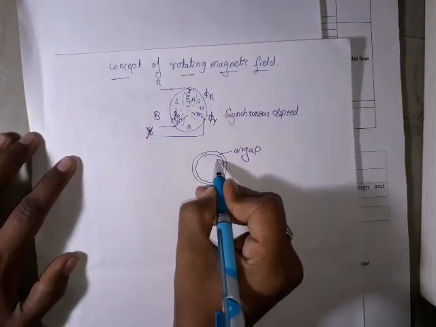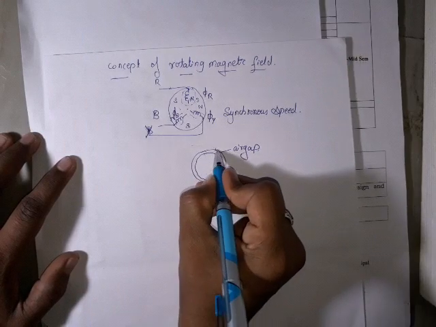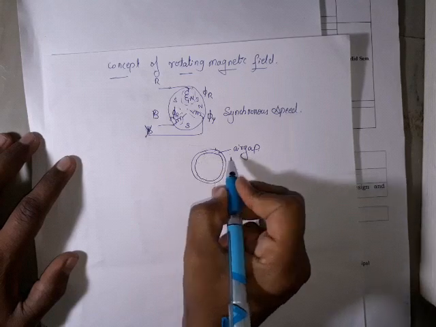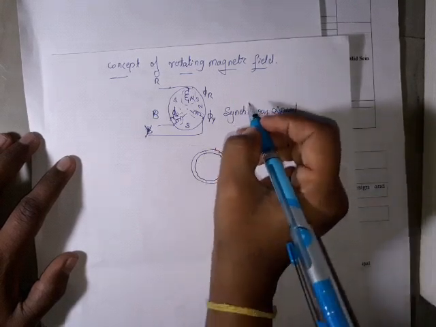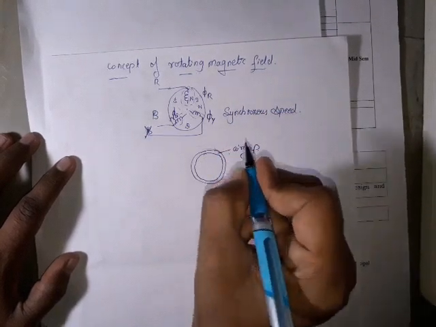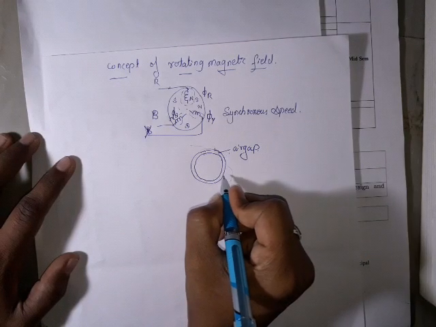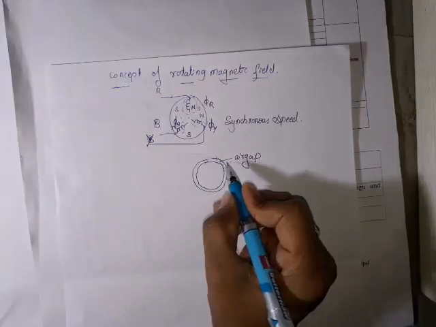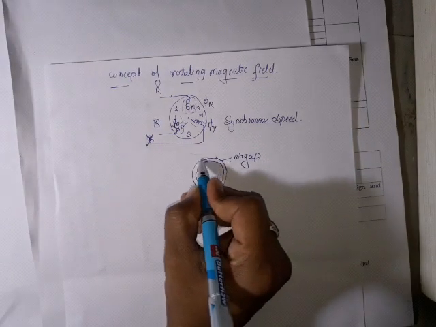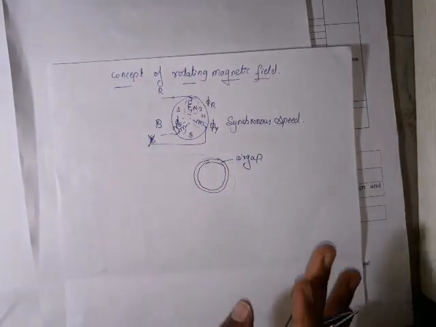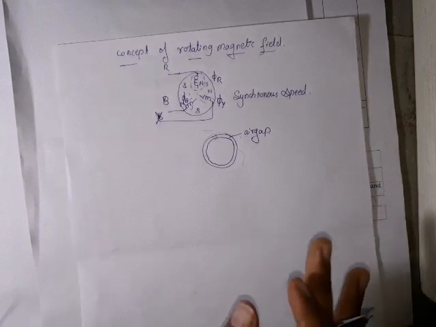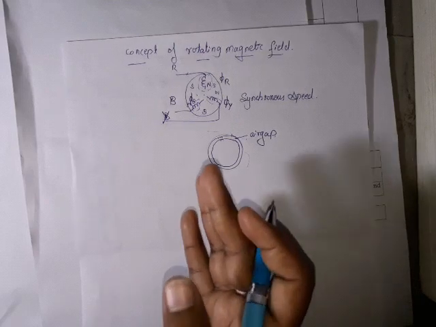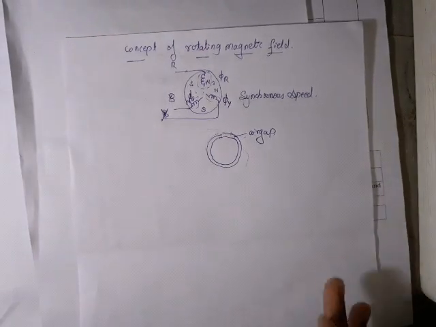Windings will be there, and this produces a rotating magnetic field rotating with synchronous speed. Will the generated field have the same magnitude in the whole air gap or not? We'll see whether it will be constant or varying, and if it is varying, how much, we'll see later.